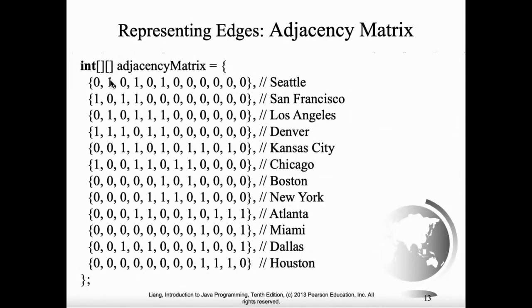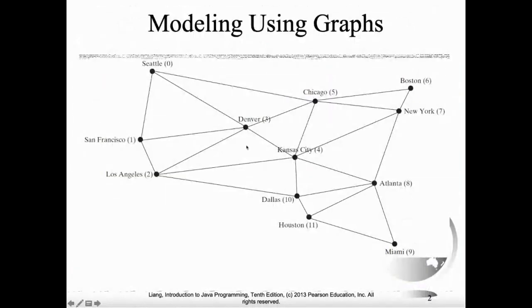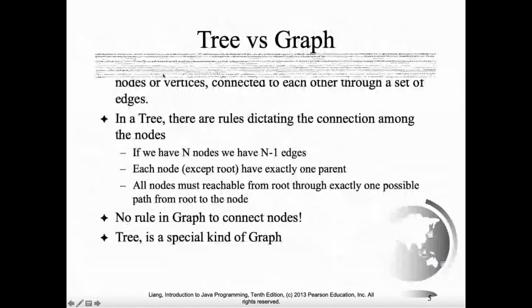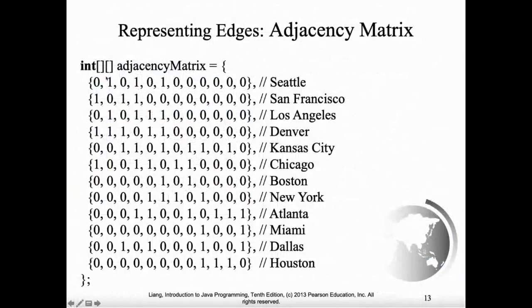We can go back to the diagram just to clarify that. San Francisco to Seattle, there is a connection, right? So that's the edge, and it is shown here on the matrix. On the matrix, if there is an edge between two cities, you put 1.